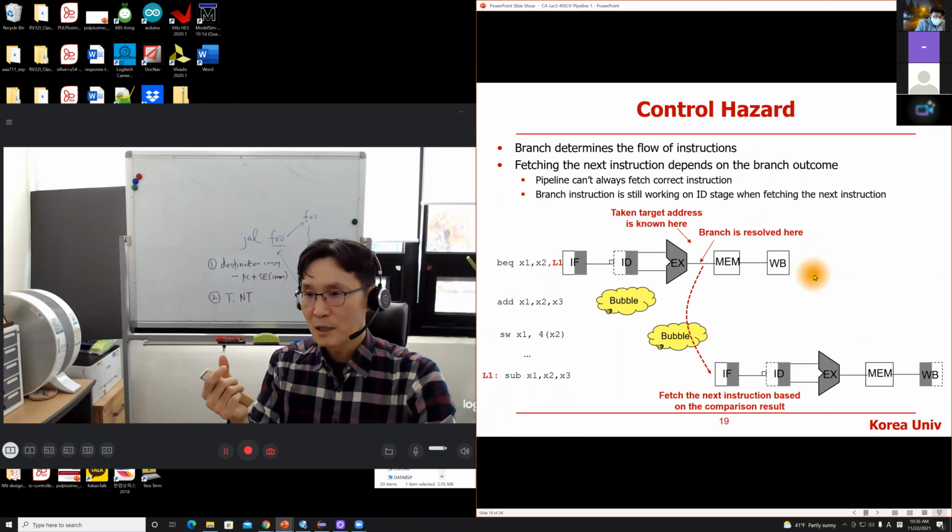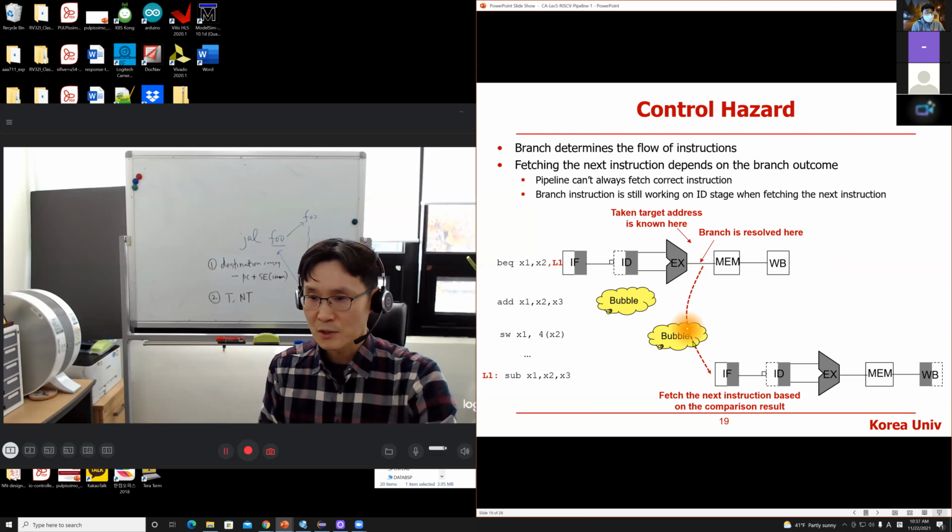Every clock cycle, we want to finish one instruction. But because of this control hazard, the next instruction, subtraction, is taking 1, 2, 3 clock cycles, because you have to nullify, remove, and flush out these two instructions.